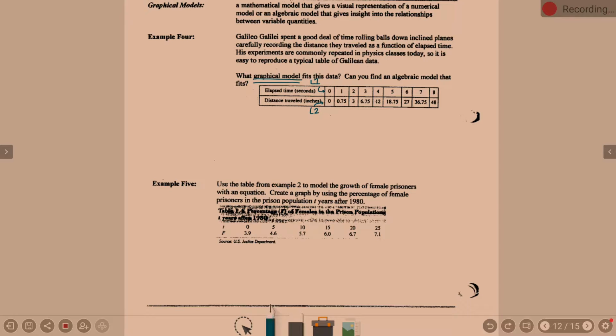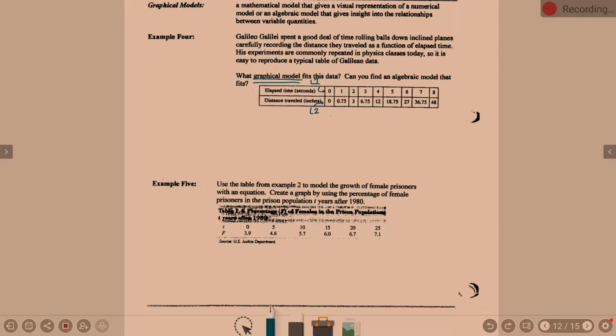So now what we're going to do is graph these points: the point (0, 0), (1, 0.75), (2, 3), (3, 6.75). In order to do that, we're going to use something called stat plot. This means I have to turn my stat plot on, which, if you don't remember to turn off later, can become an issue and sometimes causes errors.